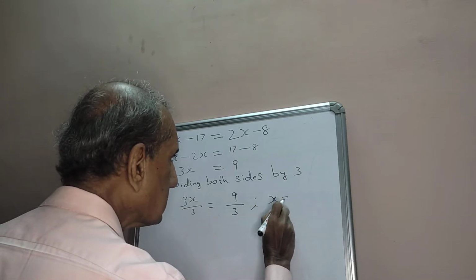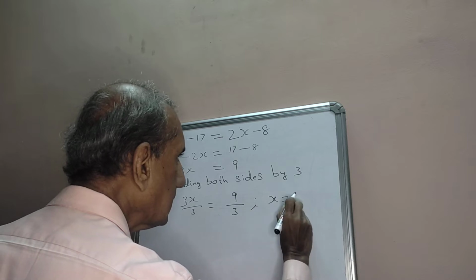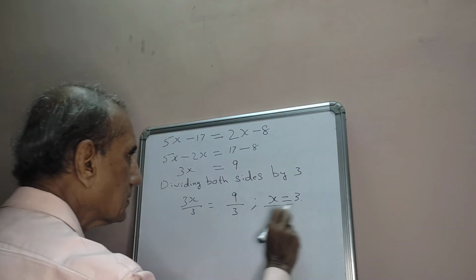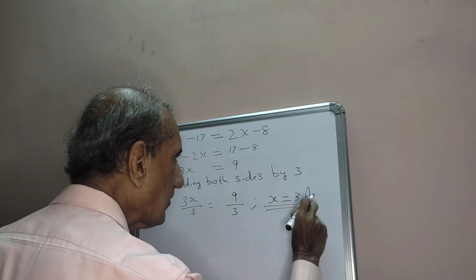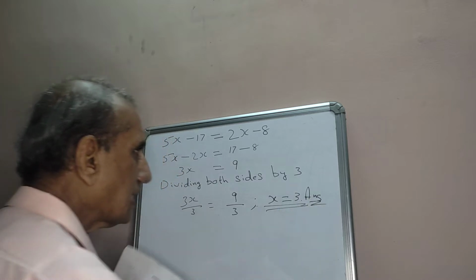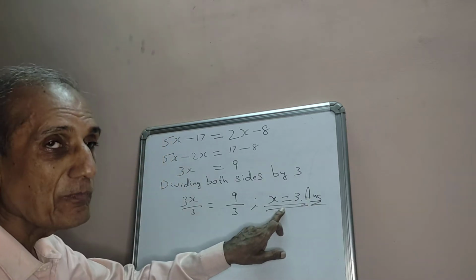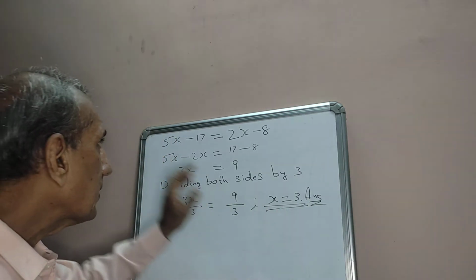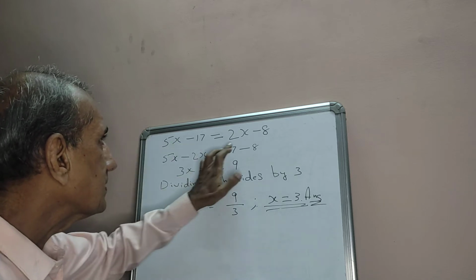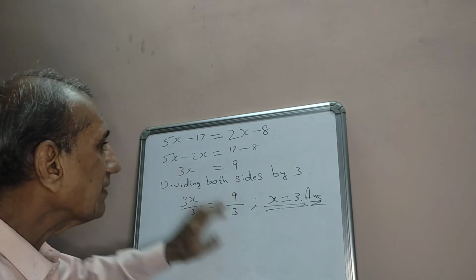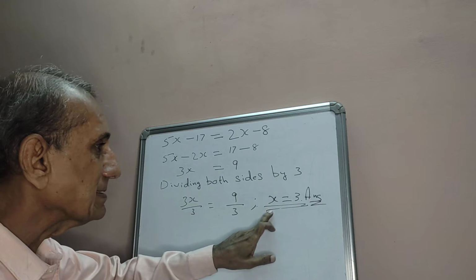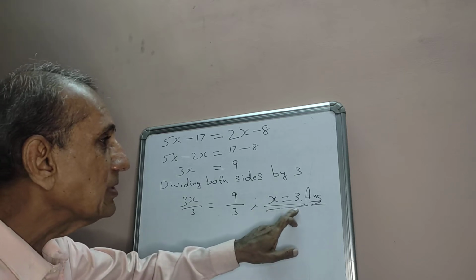So x is equal to 9 by 3, which is 3. So this is my answer. I found the value of x. I was asked to find the value of x. Solve means the problem will be given to you: solve this. Solve means finding the value of x. So my value of x is equal to 3.